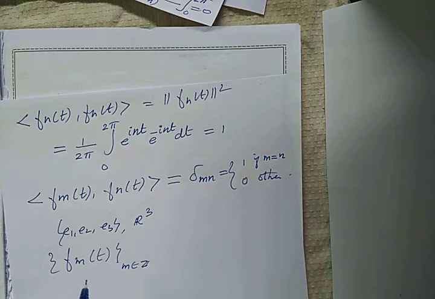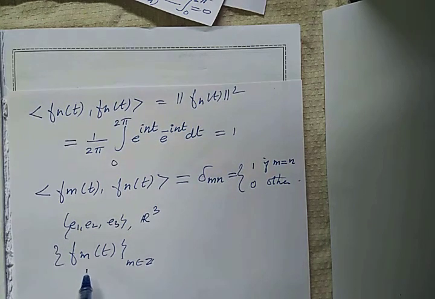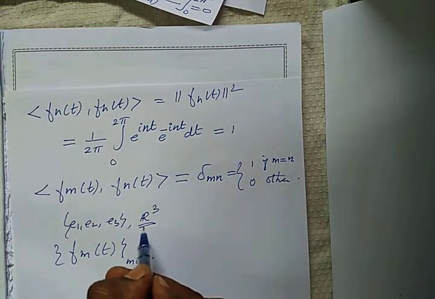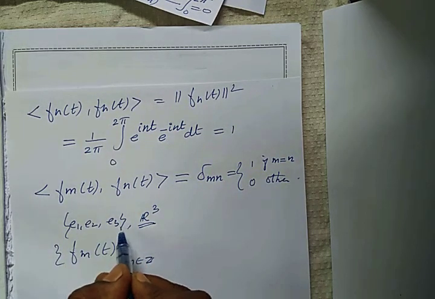That's why we could write every continuous function as a Fourier series, the complex form of the Fourier series, right? That means here every vector in R3 can be written as a combination of these three vectors.